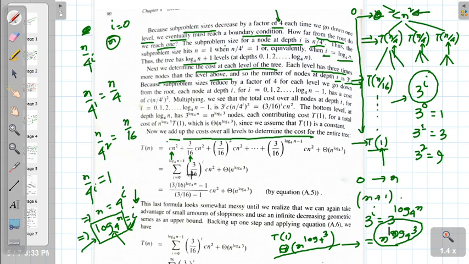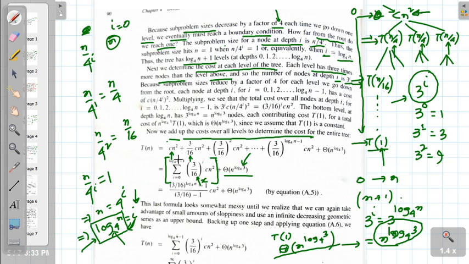We can write this in a shorter form, in summation form: i equals 0 to log n base 4 minus 1 of 3 by 16 whole power i times cn square. And this leaf level cost is separated, not within the summation, because we have already calculated it and it is simply added to this. Now you see this formula: this 3 by 16 is our x, and this is our x power i formula.